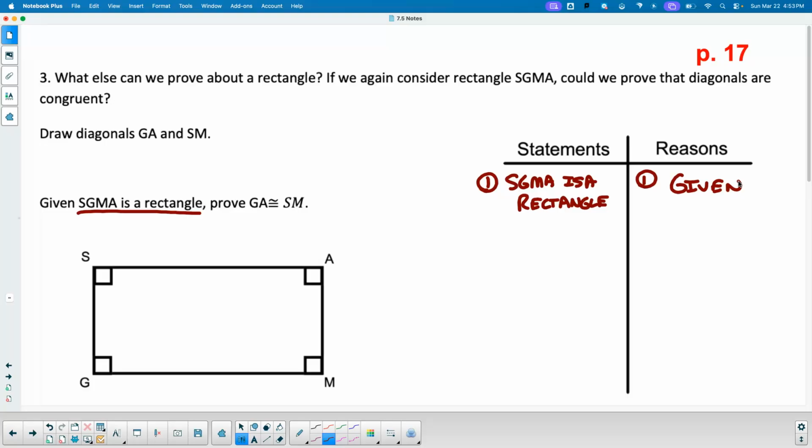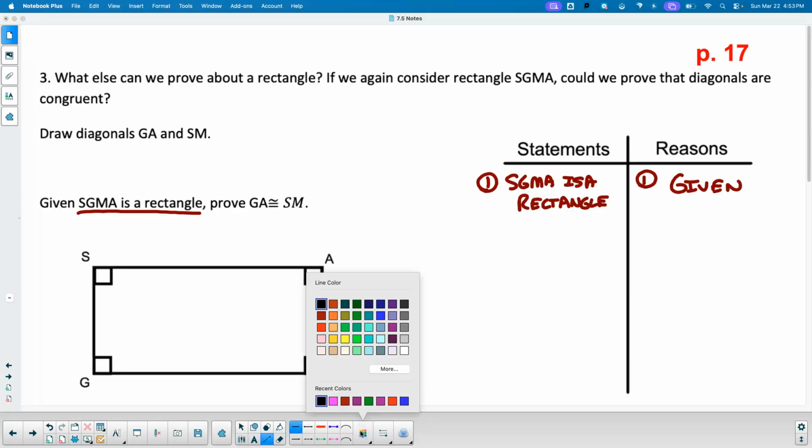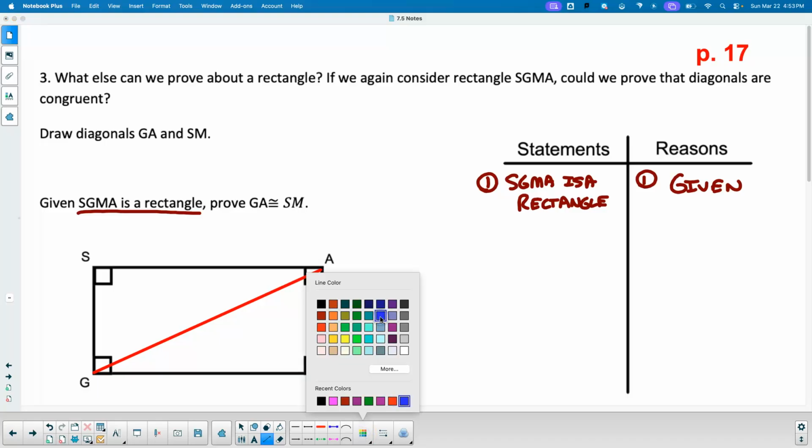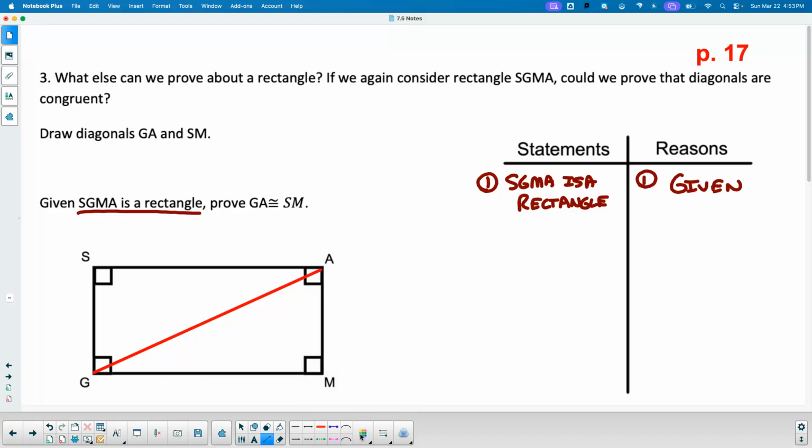Given. Okay? We want to prove that GA is congruent to SM.